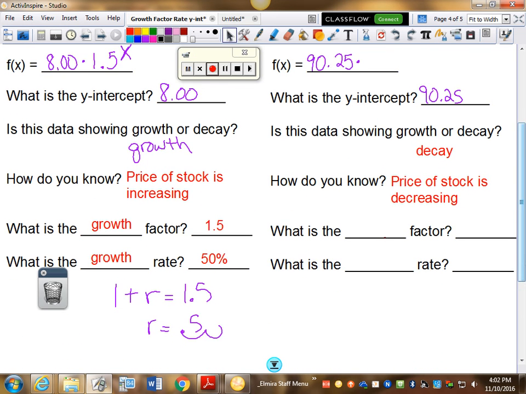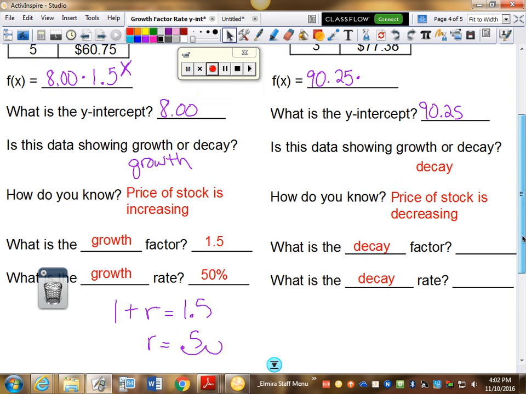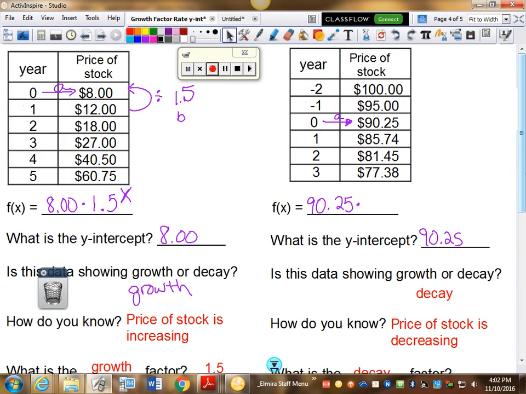Okay, so what is the decay factor and decay rate? Here again, if I want to find B, I'm asking myself 100 times what would give me 95? Well, it's not something we're going to do in our head. Sometimes you can do them in your head. So I'm not going to do this one in my head. Okay.